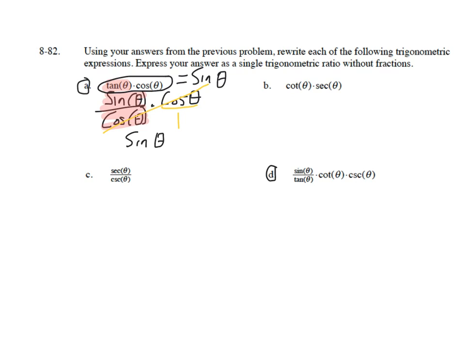What about in D? Let's start out by replacing tangent with sine over cosine. So I have sine of theta in the numerator divided by sine of theta over cosine of theta.